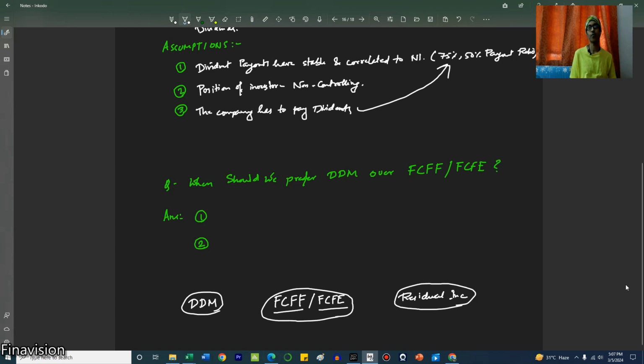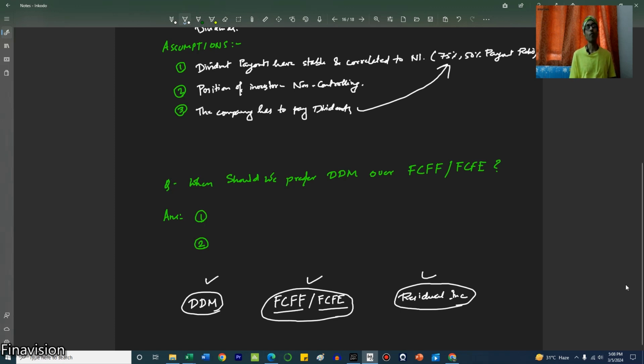These are the three major ways to value a company. Now each of them have certain situations where they are most preferable to use. Now we will just go through an overview of when DDM is the most appropriate process to use, when free cash flow discounting is the most appropriate process to use, and when residual income is the most appropriate process to use. We will go through them one by one.